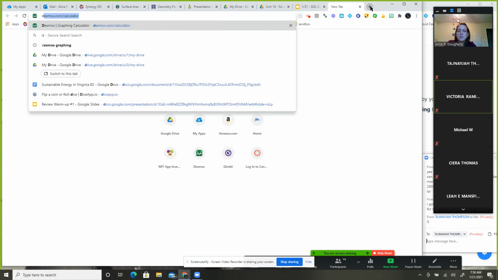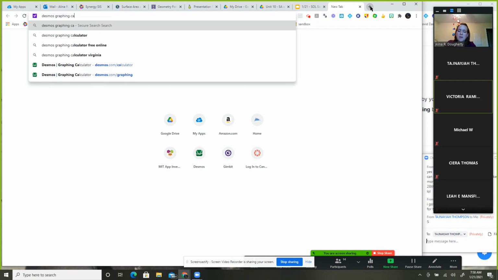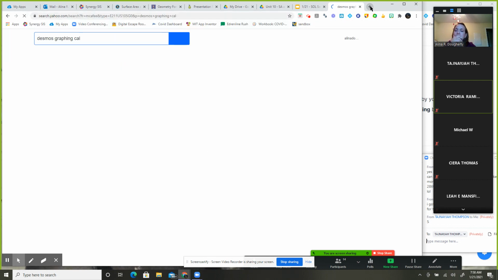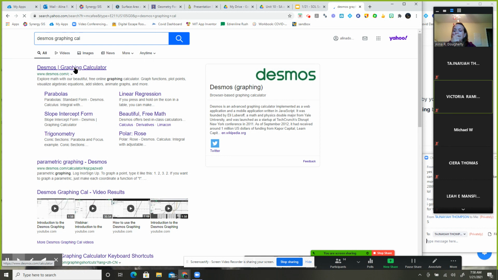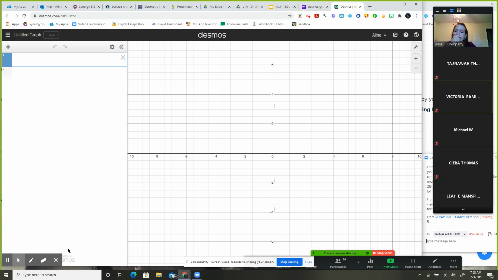So I don't know this one off the top of my head. Desmos graphing calc. Oh my gosh, all my tools are on top of each other.